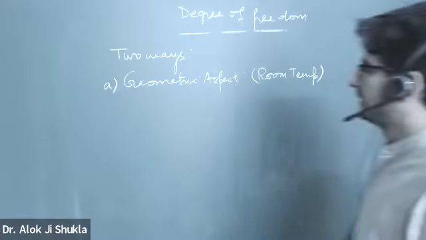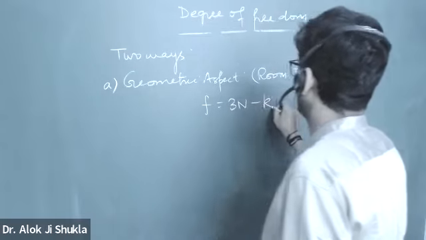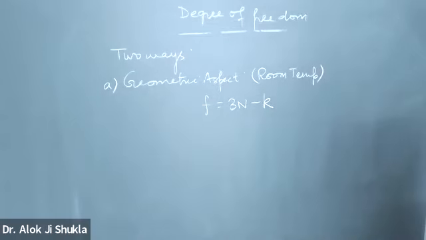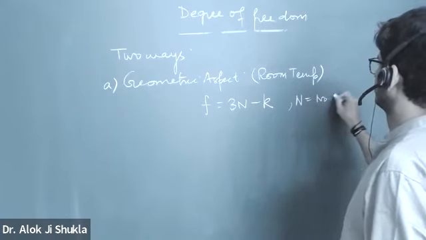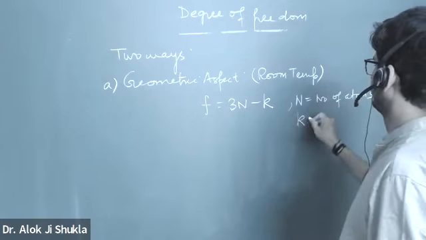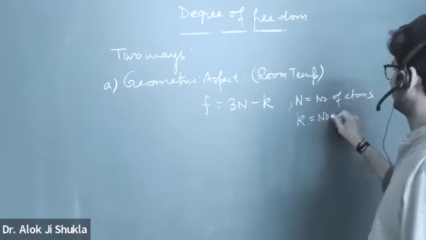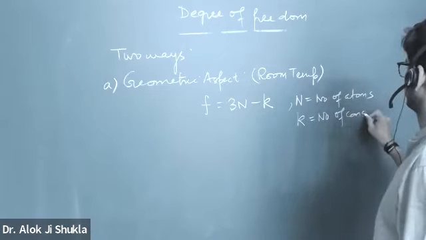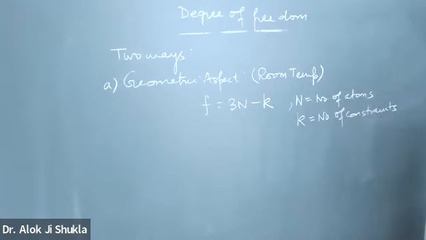The geometric aspect is that the degree of freedom F is equal to 3n minus k, where n is the number of atoms and k is the number of constraints.